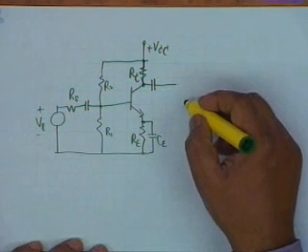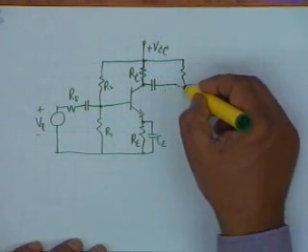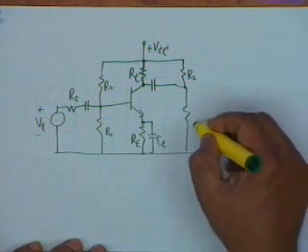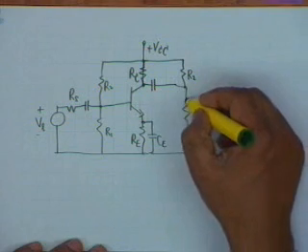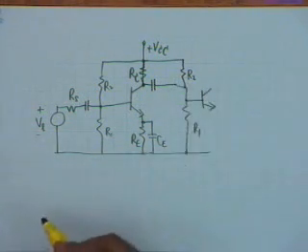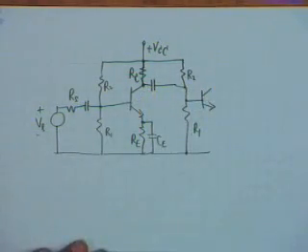Then it is coupled to the second stage by a capacitor, R2, R1, let us say they are identical stages. Then you have the base. We do not use an extra load here because the second transistor acts as a load to the first transistor.